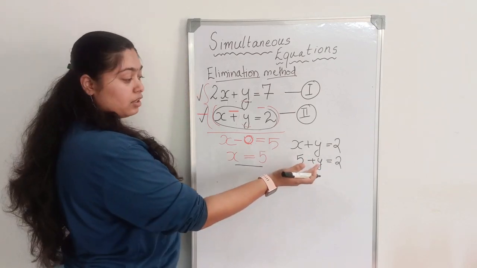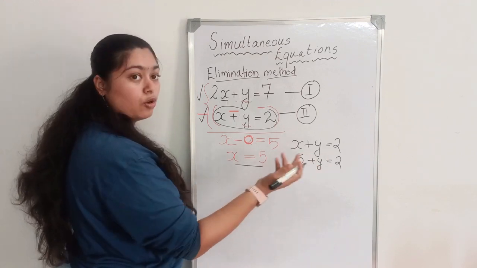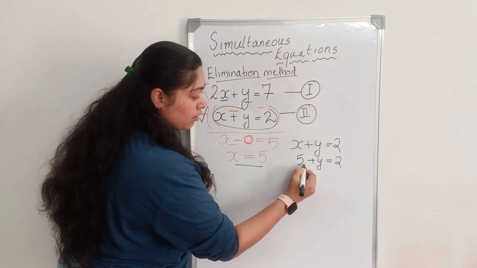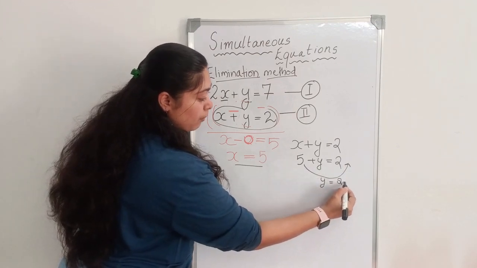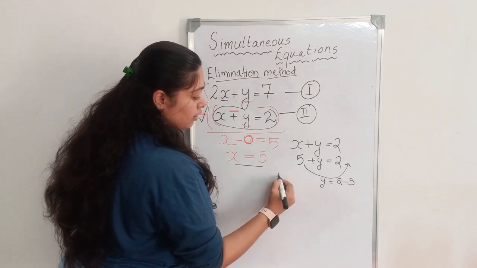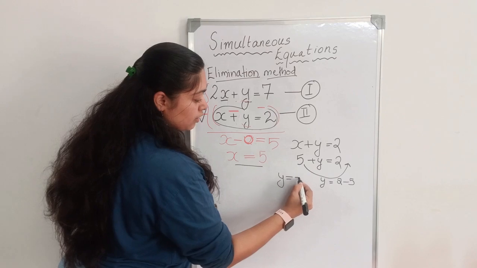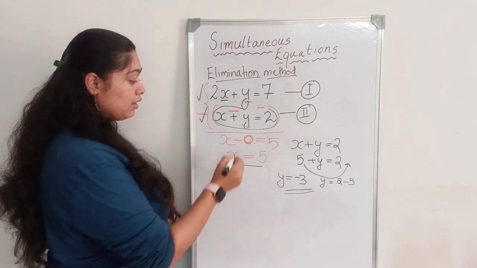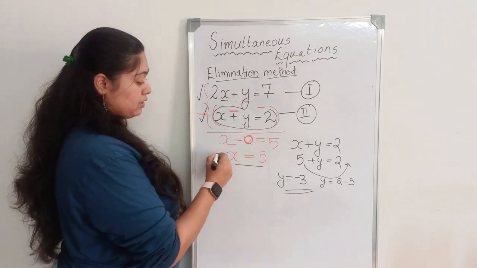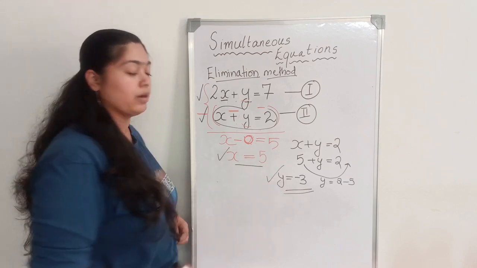This is an equation in one variable which we can normally solve. I just need to take 5 to the other side. So y is equal to 2 minus 5, and therefore we get y is equal to negative 3, or minus 3, as the value. So now we have the answer for both the variables, x is equal to 5, y is equal to minus 3.